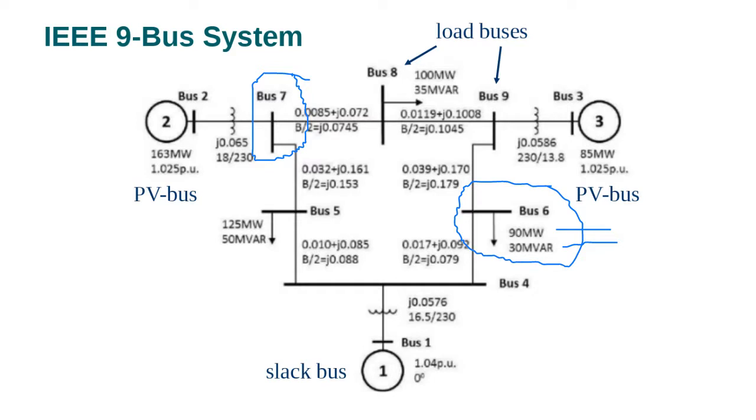So the power system is interconnected together. It's a loop. Then it becomes stable and secure also.